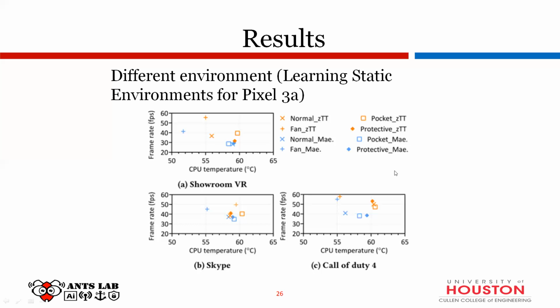I got a question for this picture too. Obviously, if you see the orange symbols, probably they can achieve better frame rate. But most of the time, they have a higher CPU temperature too, right? I would say this is not as clear of an advantage as it should be.